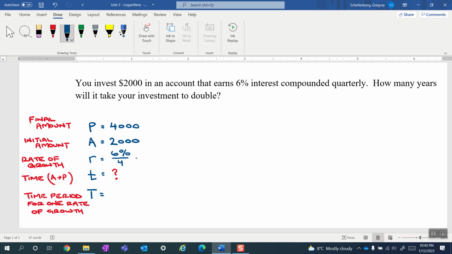So 6% as a decimal, 0.06. We're going to divide that by 4. It's 1.5%, which as a decimal is 0.015. And so our time period for one rate of growth is going to be 1 quarter. So this represents 1 quarter of a year.